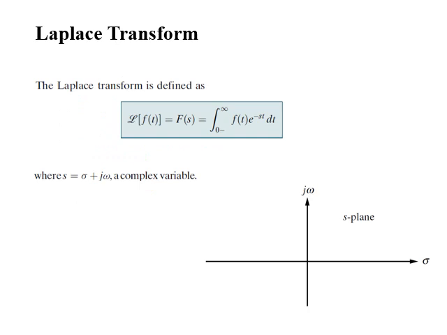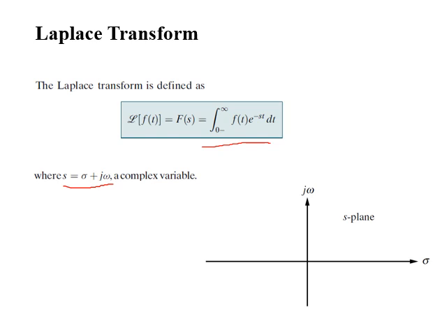Dear students, now starting with the Laplace transform. As you studied in previous courses, the Laplace transform of a function f of t is an integral multiplied by the exponential e power minus st, where s is the Laplace operator and is equal to sigma plus j omega.